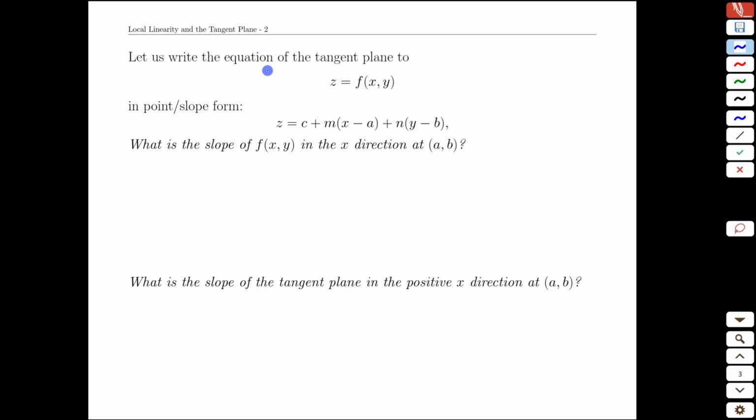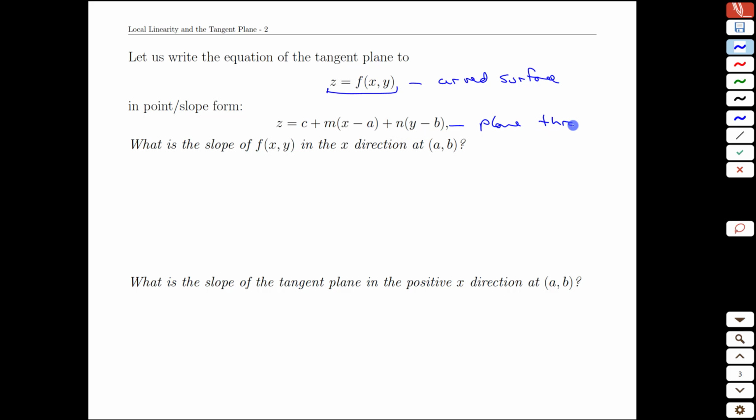If our goal is to write the equation of the tangent plane, first we start off with our function. So this is our curved surface. And then we consider the point slope form for a plane. It has a very simple form to it. We have a constant, and then we have another constant times x minus a, and a third constant times y minus b.